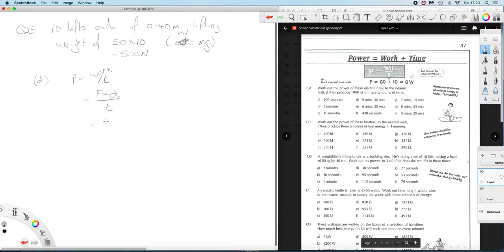The force, of course, is the weight, so there's 500 newtons, times the distance, which is 0.4. And the time, well, we're told in D the time is 30 seconds. So we want to know the work done per second. We're going to divide by 30. So 500 times 0.4 divided by 30 gives us 6.7 watts, 6.66 watts.